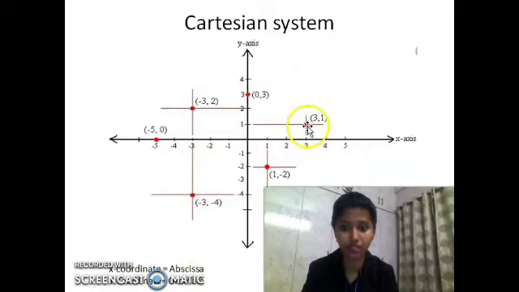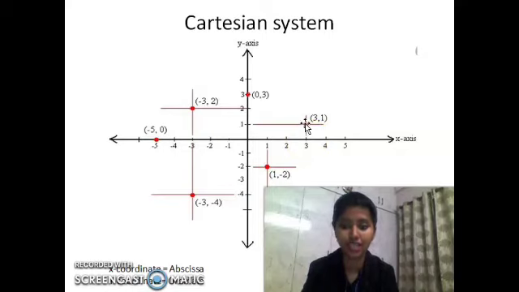Now let's do the point. How can I find the position of this one? Simply draw a straight line from this point to the x-axis. When we draw the straight line to the x-axis, you can see the intersection point is 3. So 3 is the first parameter, the x-axis point.